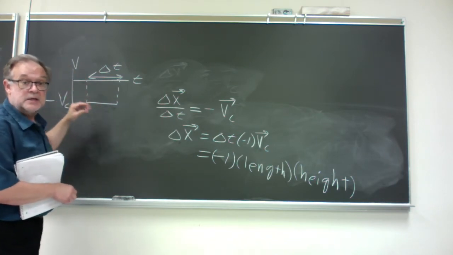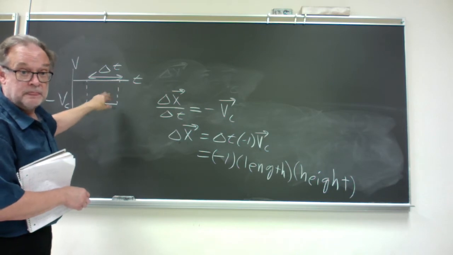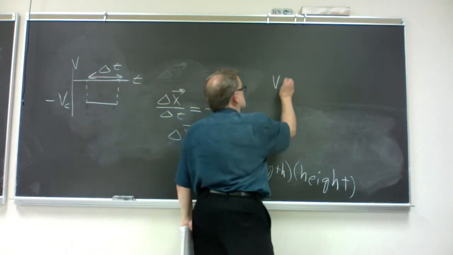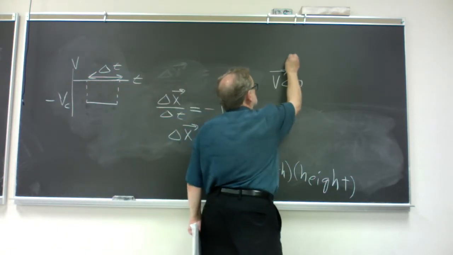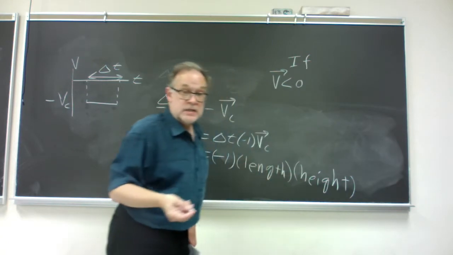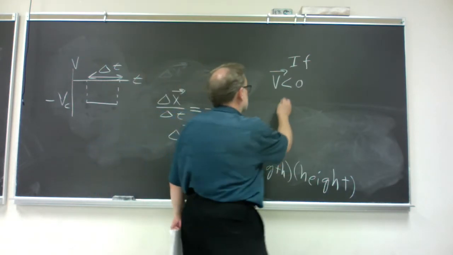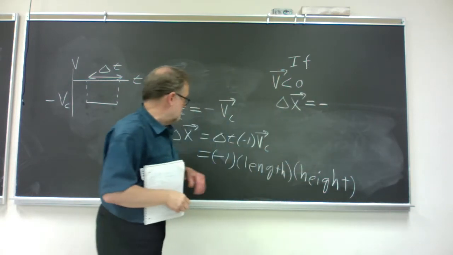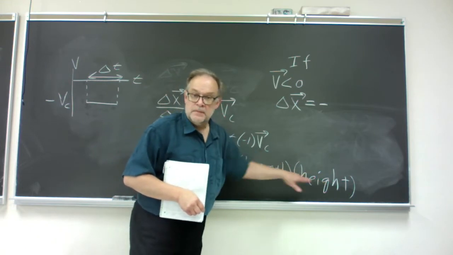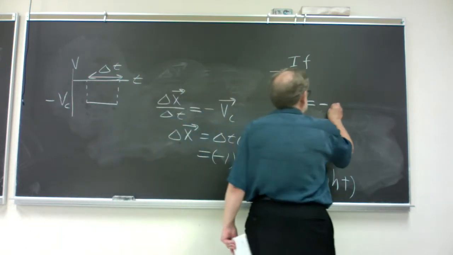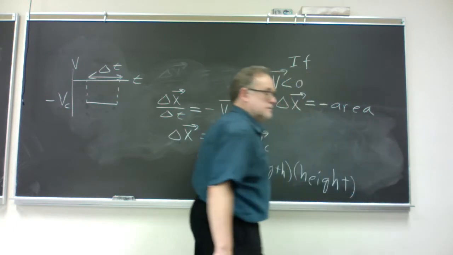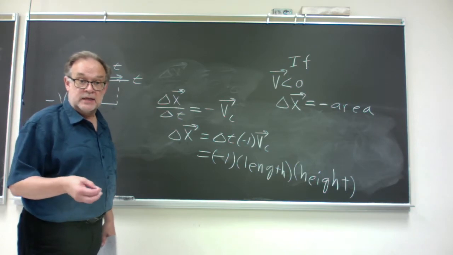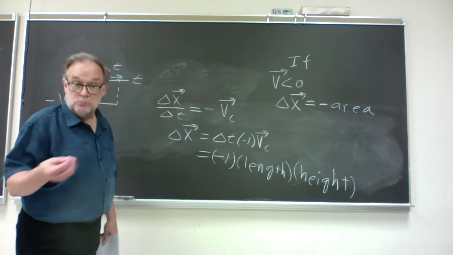This length times this height is the area of that rectangle, area between the velocity line and the time axis. So if you have a negative velocity, then displacement is minus 1 times the area. And again, that's true no matter what the area between the velocity line and the time axis looks like.